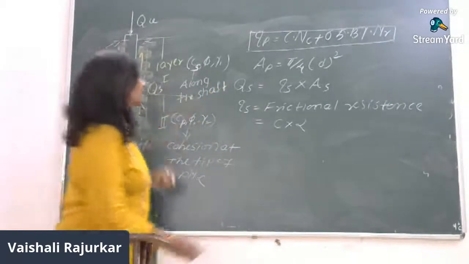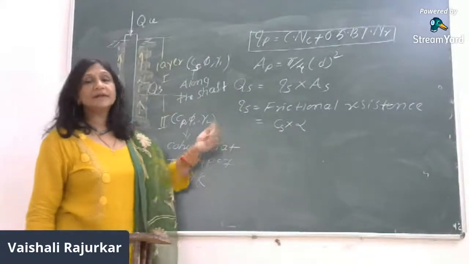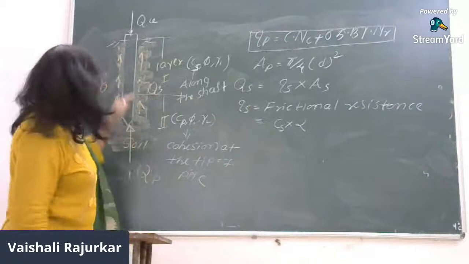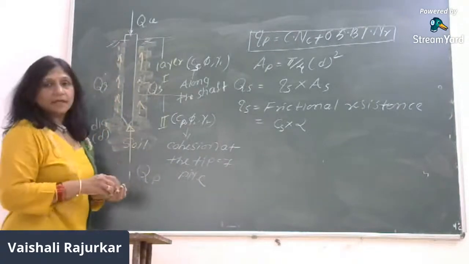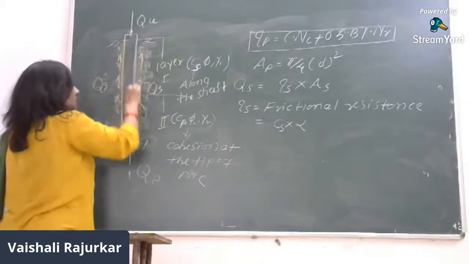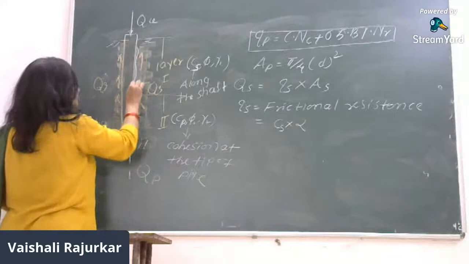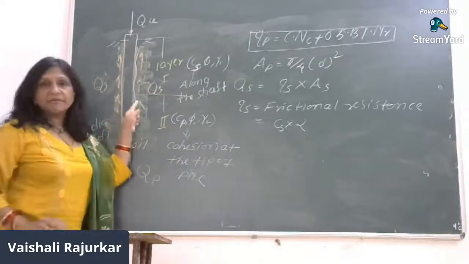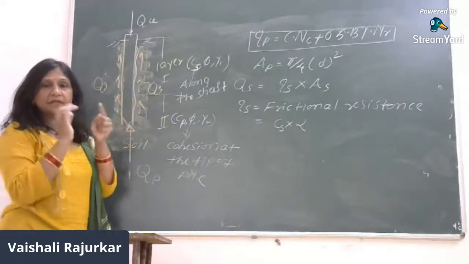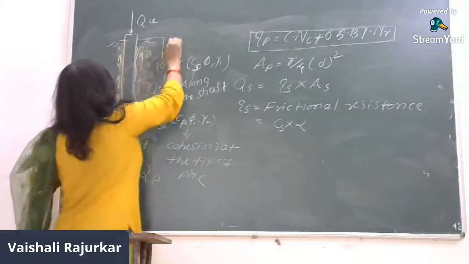So here we will consider this is Cs into alpha. Now what is alpha? Alpha is the adhesion factor. You can see here this soil may not be in 100% contact with the pile material. This may be like this. There may not be a proper contact between the pile and the soil, and therefore alpha is the adhesion factor.